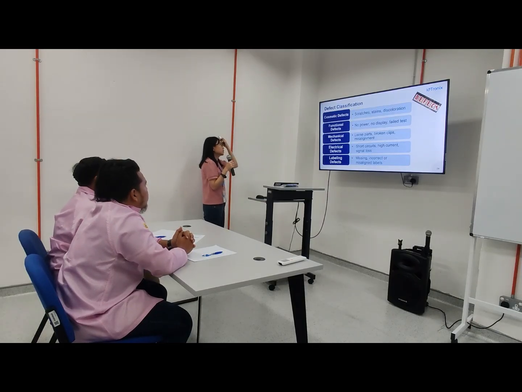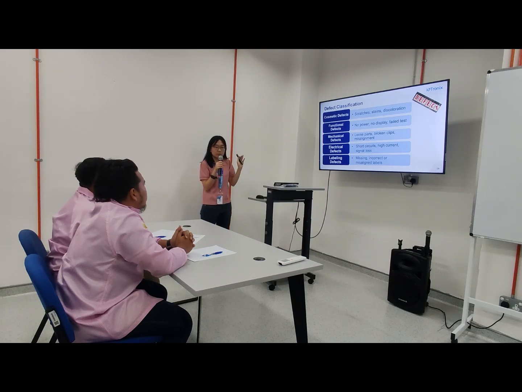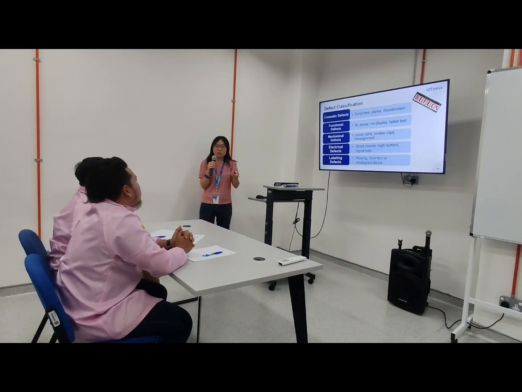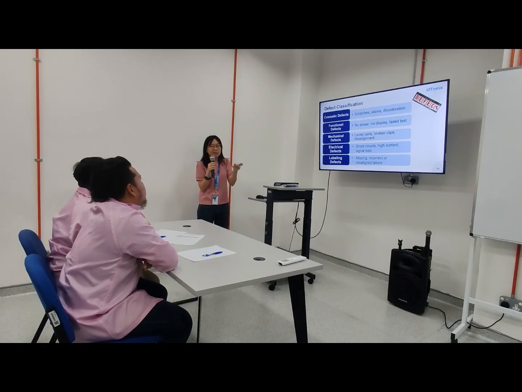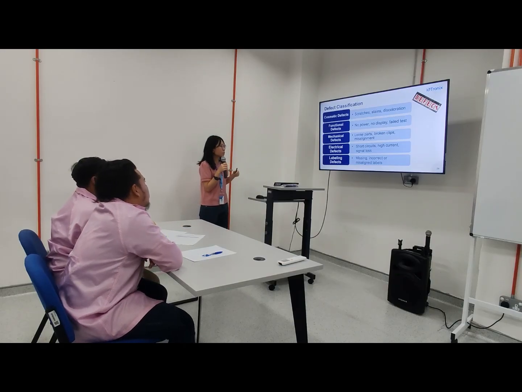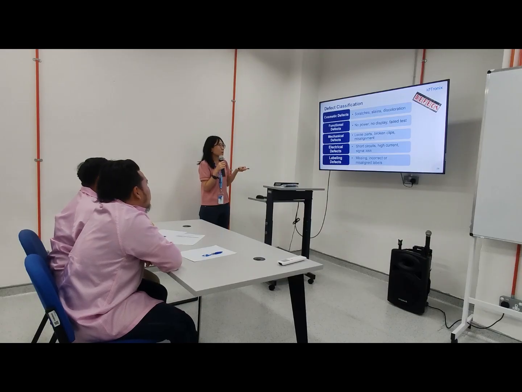Okay, this one also has some classifications whereby we separate which type of defects: cosmetic, functional, mechanical, electrical, and labeling. Cosmetic means, for example, scratch, stain, discoloration. Functional means, for example, no power, no display, failed test.